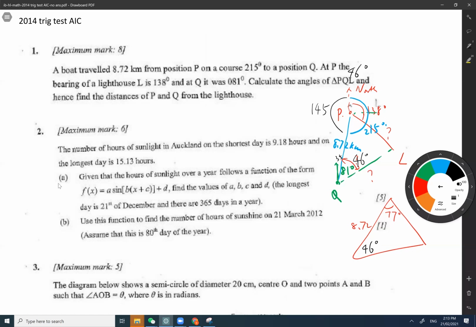Why we got 46? No. Oh, we do it step by step then.